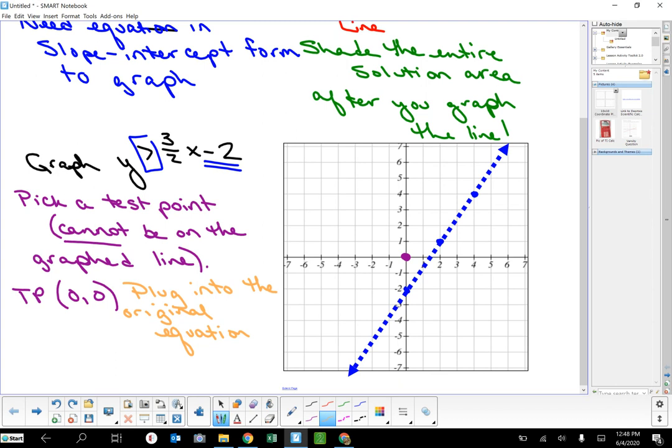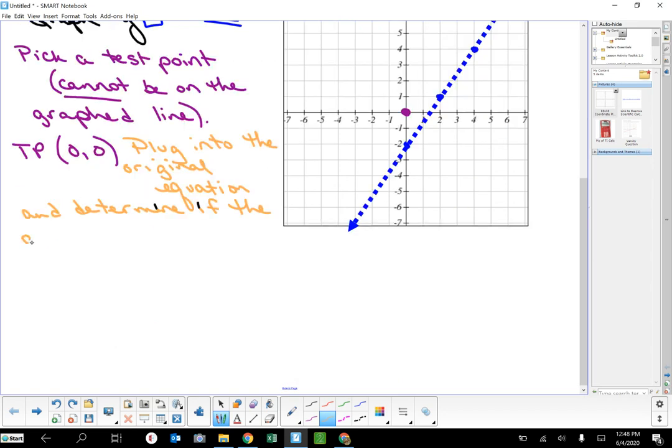Plug into the original equation and determine if the statement you have is true or false.